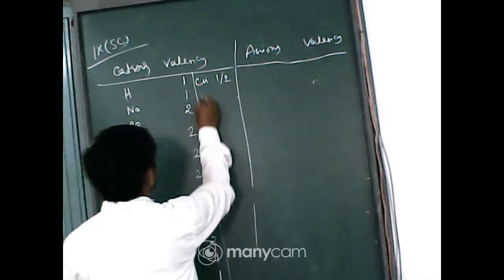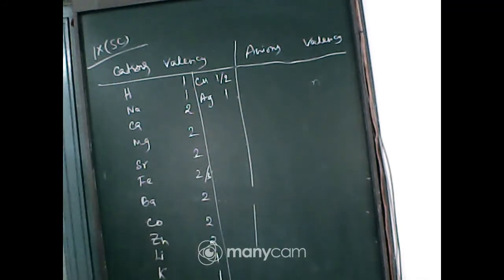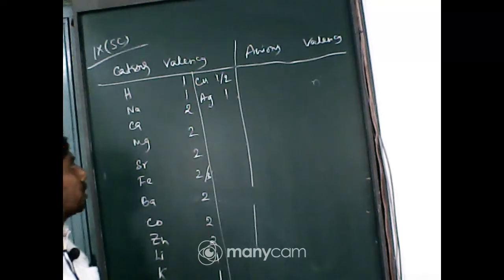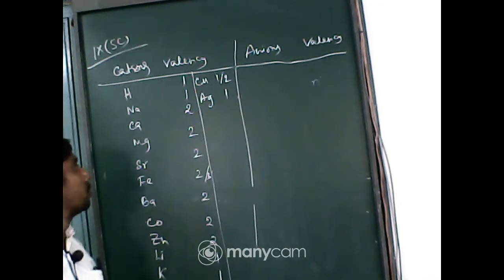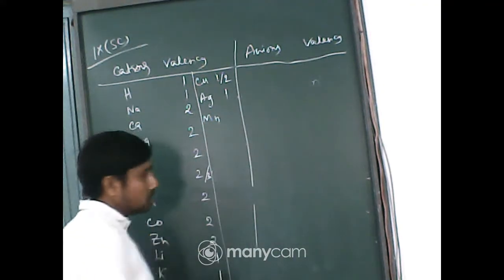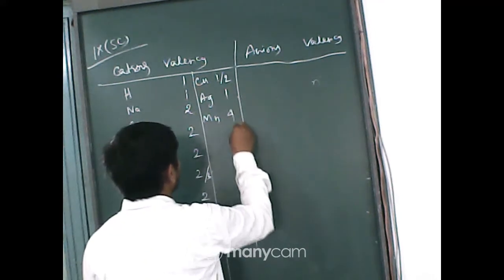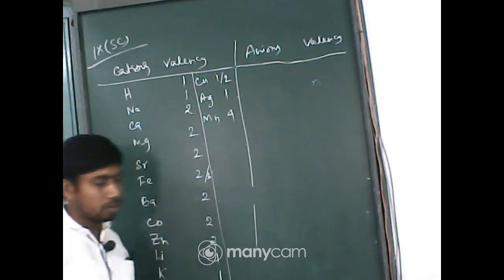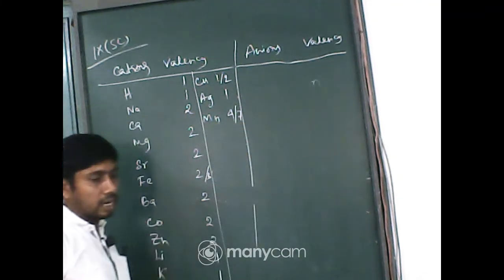Silver 1. Silver also shows variable valencies, but the stable one is 1. Silver 1. Manganese. Manganese shows variable valencies. I am writing here 4, 7 you can write.